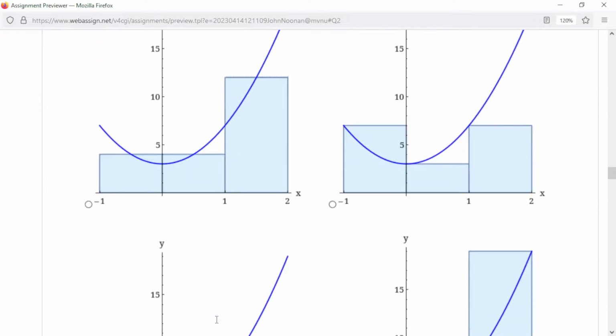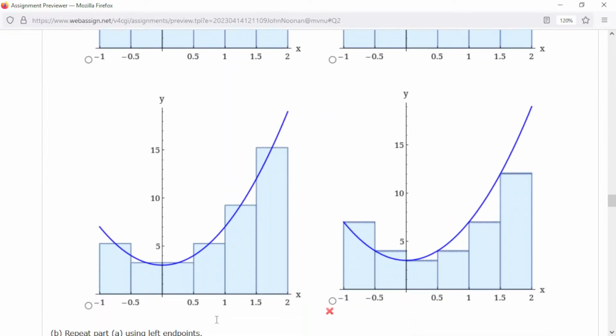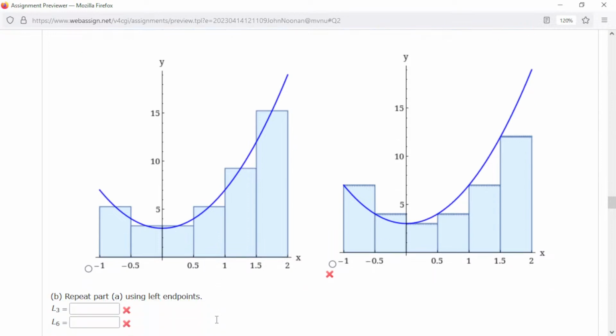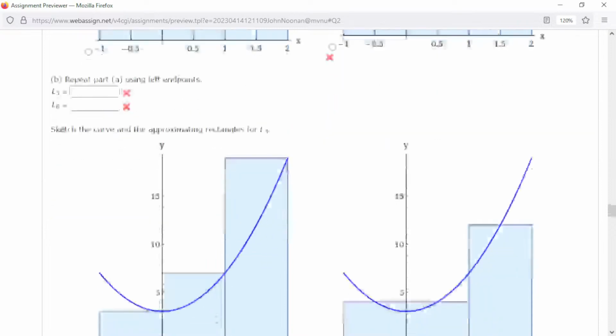Is there anything that we want to talk about with this one? Okay with that? Once you realize that you actually have to figure out the function values using the function, like the heights of the rectangles, then these are just tedious.